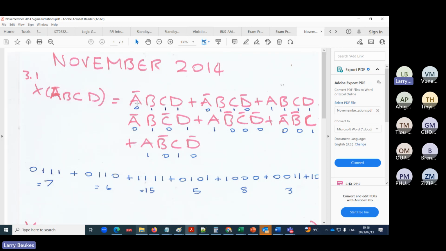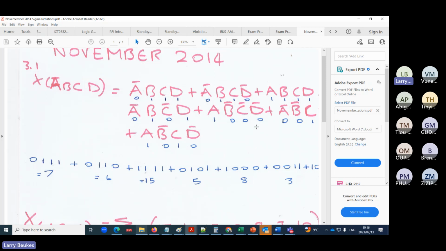Now the first thing that I want you guys to do is to convert this into a binary format. If it has a bar, you represent it with a 0. No bar, which is high, is going to be a 1. So this will be 0, 1, 1, 1. Here, 0, 1, 1, 0. So you write all this in the binary format, right?